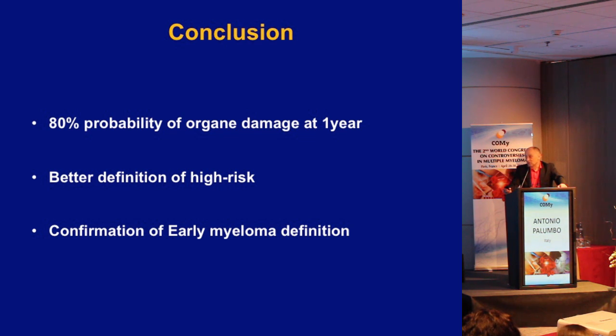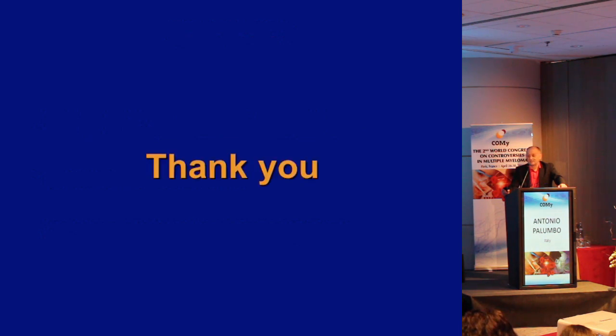Of course, from this point of view, we need a better definition of high risk smoldering, and maybe we need also, at least on some tests, free light chain 100 and bone marrow, confirmation by other series of the current definition of early myeloma that needs start of therapy. That was the last one. Thank you very much.